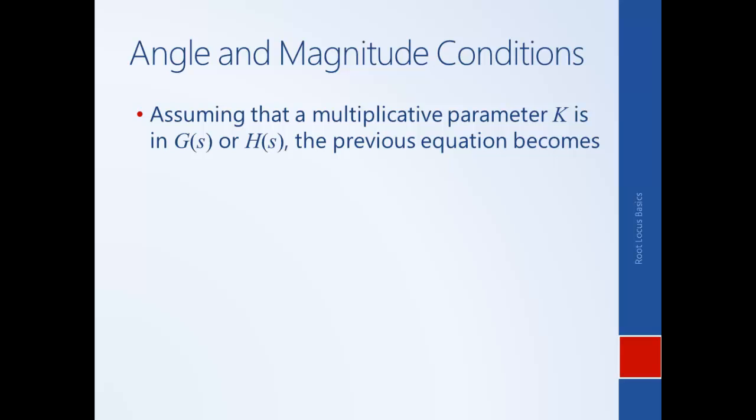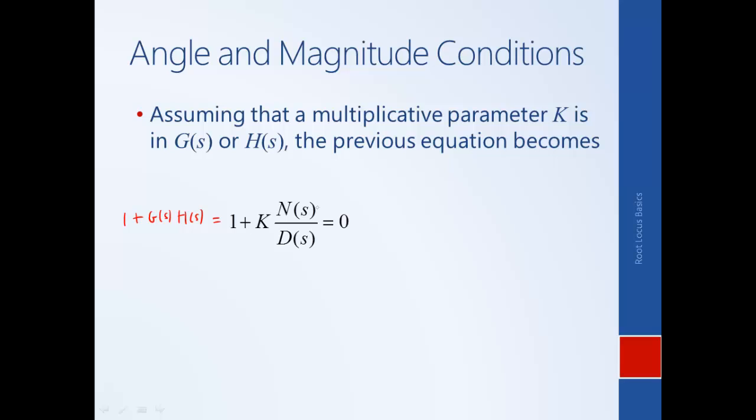And so what we're going to do is assume that we have some multiplicative parameter k, and we'd like to examine how the system changes with changing of that parameter. Okay, so on the previous slide we had 1 plus G of S times H of S, and in this case this is G of S times H of S, where we factored out a k.